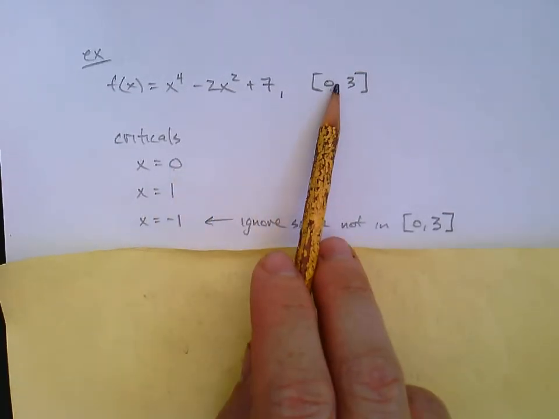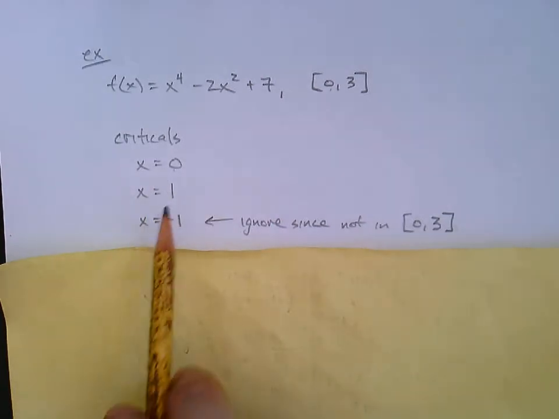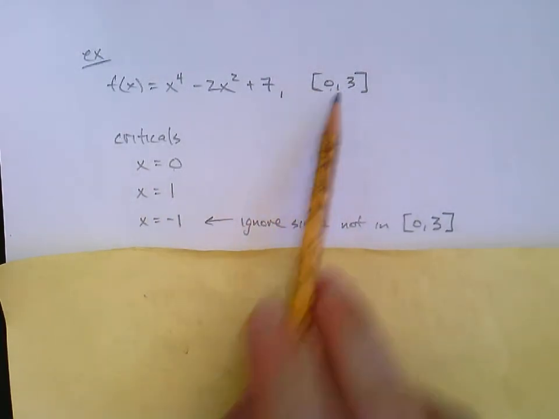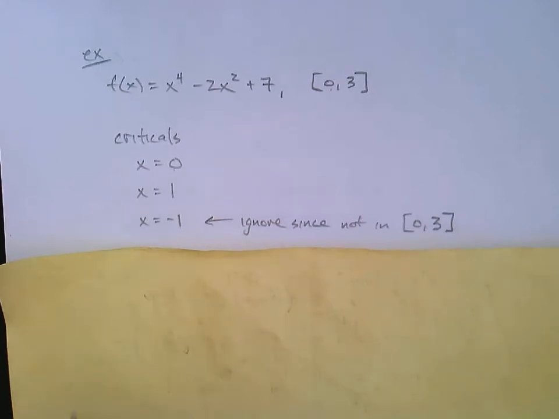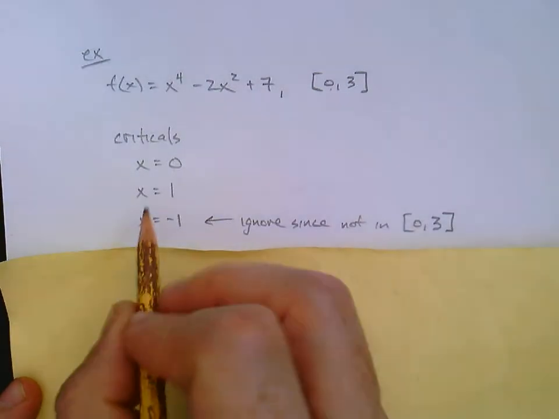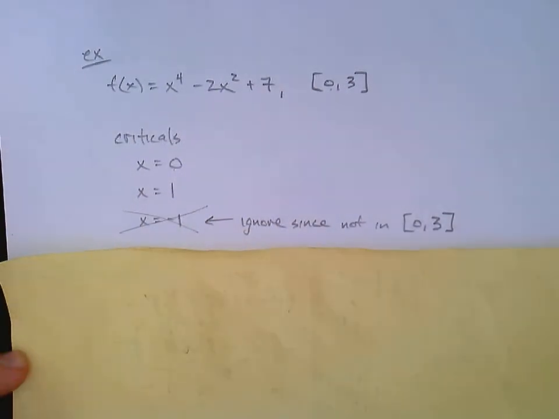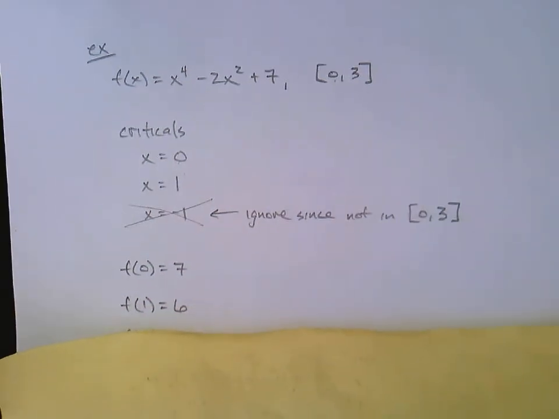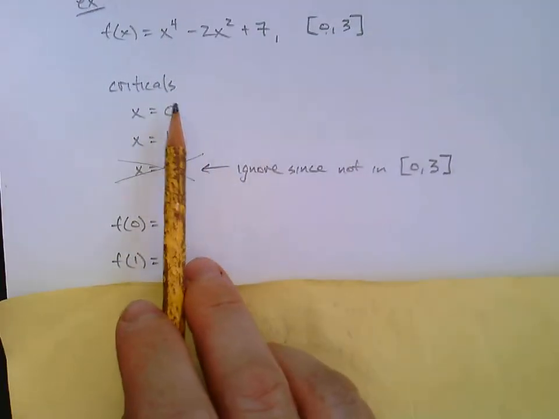We need to find the y value of 0 anyway. 1 falls in between, so that works. -1 doesn't fall in there. Okay, so we don't care about it. We can ignore it. It's like it doesn't even exist. Completely ignore it.